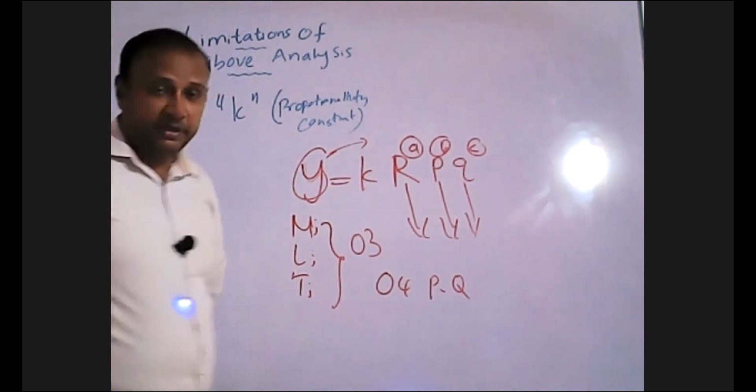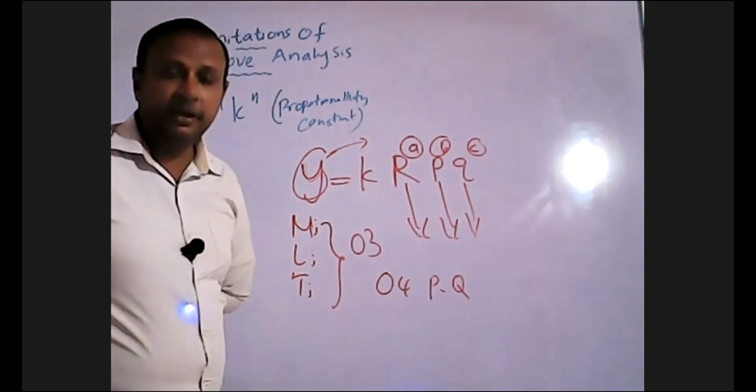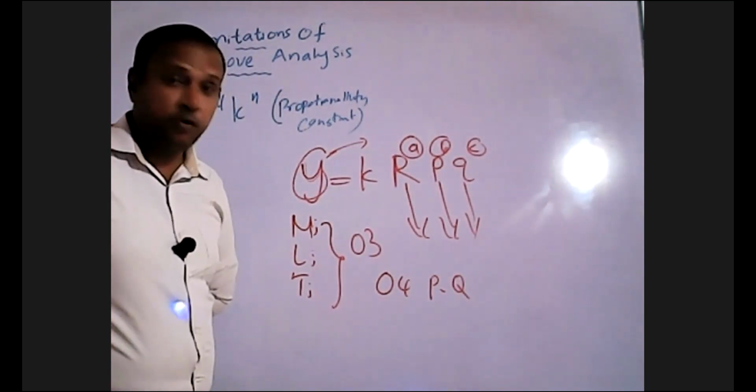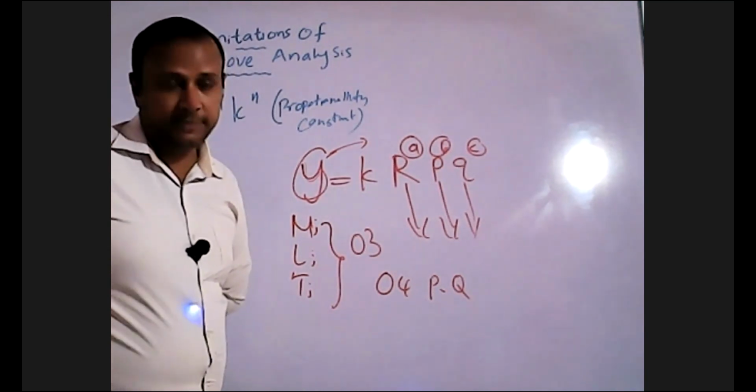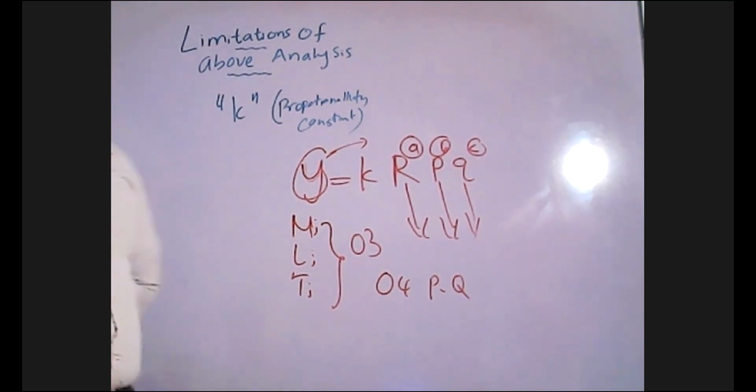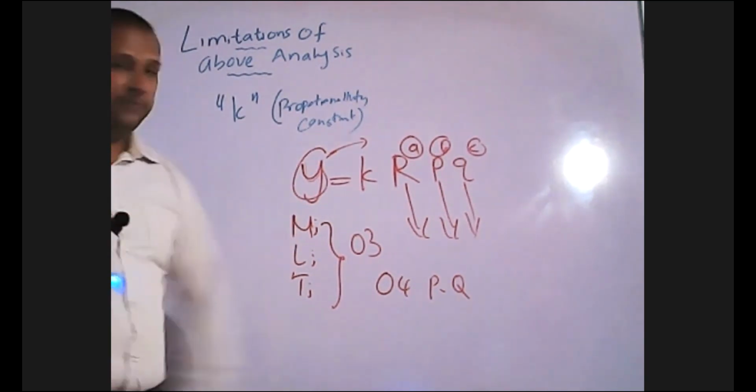So using this method, we can build the equation with a maximum of 4 different physical quantities. Write down that one. Number 3.